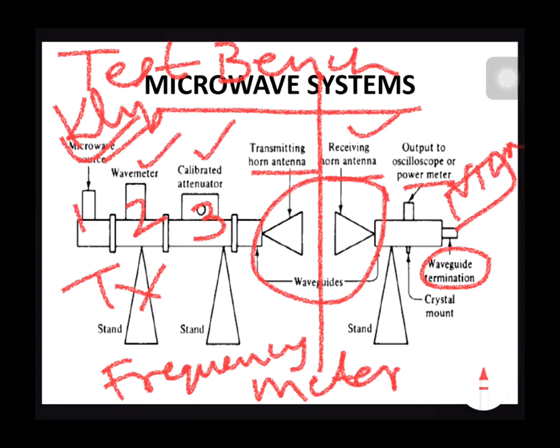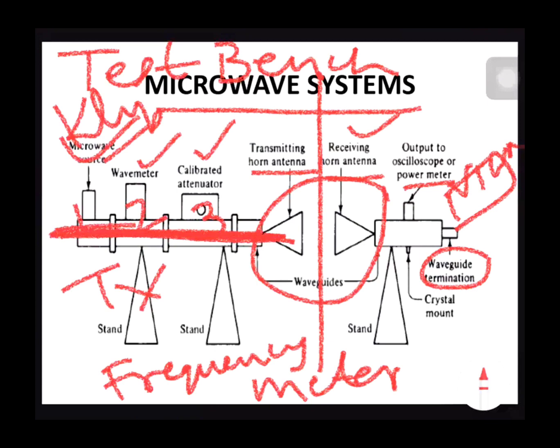After that we connect a wave meter, where the wave meter is the one which detects what type of wave is getting transmitted, or it can also be called a frequency meter because it displays the frequency of the signal that is getting transmitted, because this is a waveguide structure, which is a hollow structure.